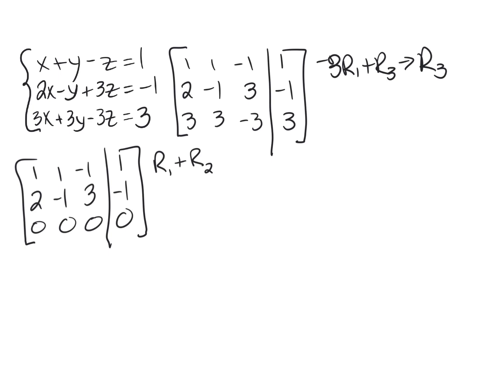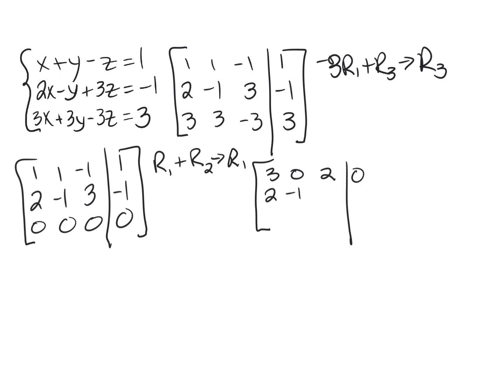And then the problem just falls apart for you. Any 3 by 3 system should never take more than 5 steps to solve. In this case, I got zeros all the way across with 1 step. So this may be cut short a little bit, but the parameterization is what's important. So let's do row 1 plus row 2, replacing row 1. That's going to give me 3, 0, 2, 0.